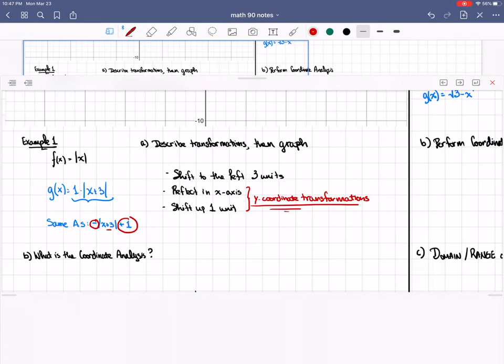You don't actually have to do that, but it's a convention that's adopted, and we will talk more about why we do that in the next example, but generally we do the reflection first. Okay, so now let's zoom back out.